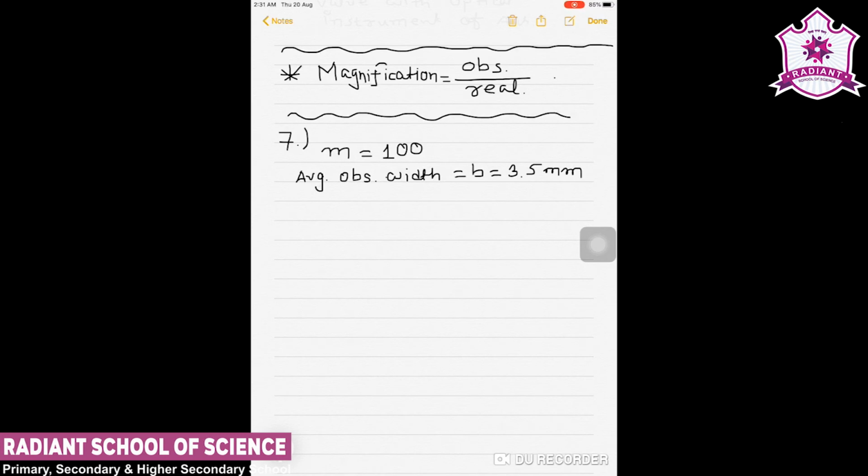Now we have to find out what is the real width of the object. Let us say that it be x, and we want to find out the value of x. Now as we have seen, magnification is equal to observed width upon real width.